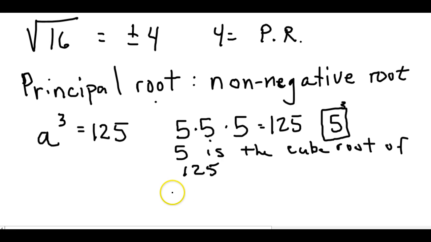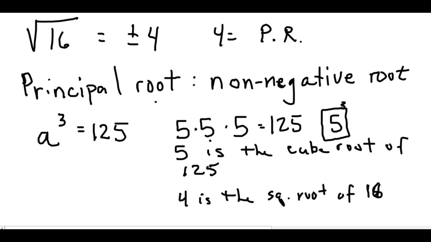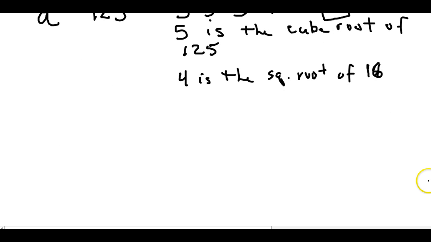Just like we can say 4 is the square root of 16. Does that make sense? Okay. Now we can write this in a generic form: a raised to the n, as in Nancy, equals b, where n are the factors of a.